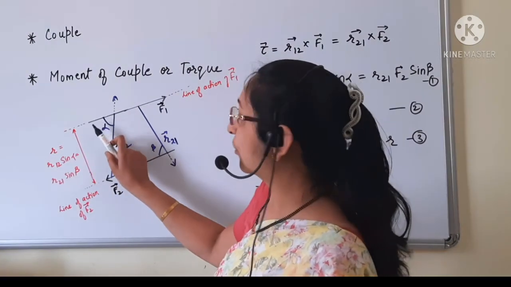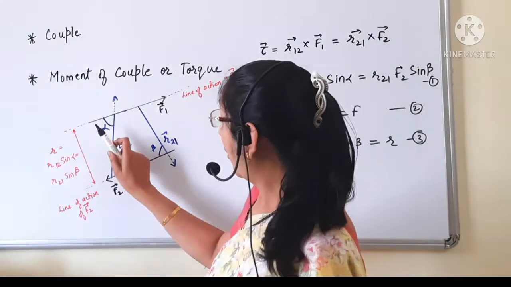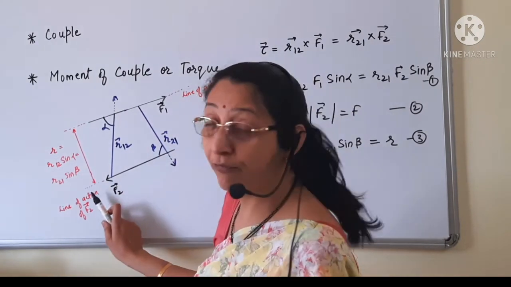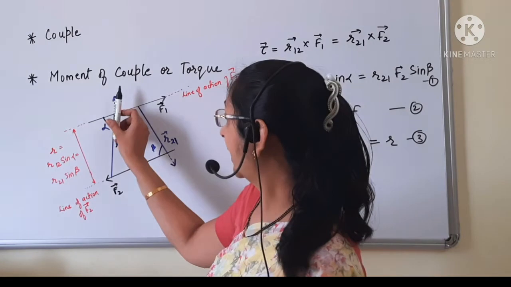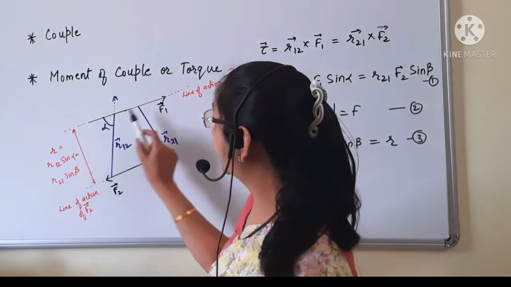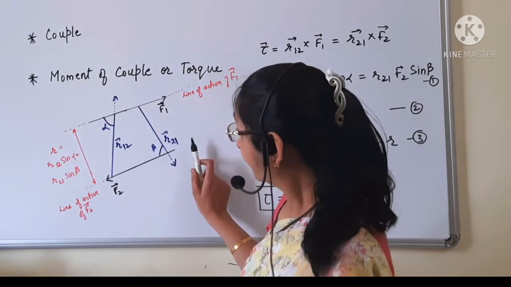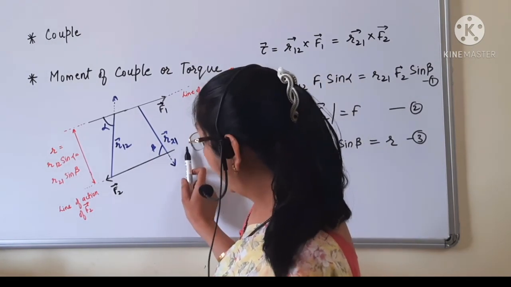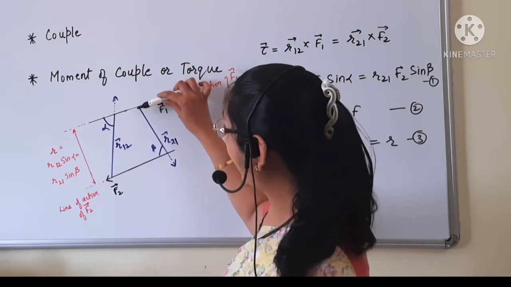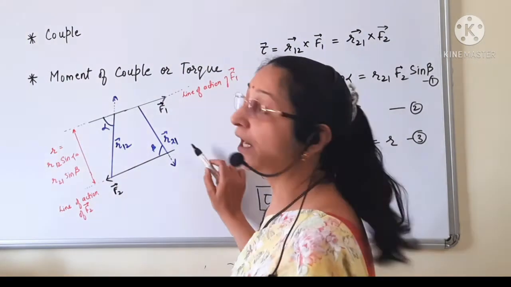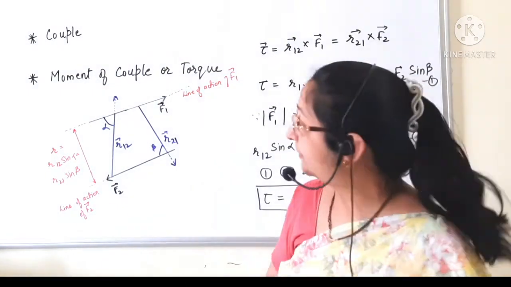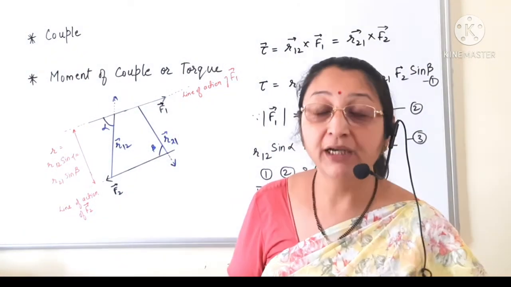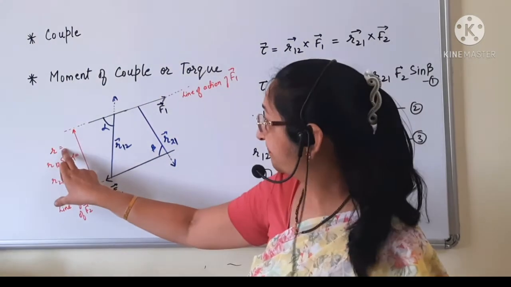The position vector of any point on the line of action of force F1 from the line of action of force F2 is r12. And the position vector of any point on the line of action of force F2 from the line of action of force F1 is r21. As can be seen here, the perpendicular distance between the two forces is r.